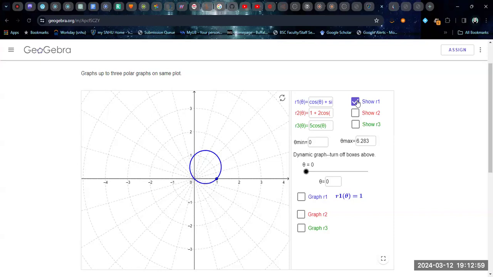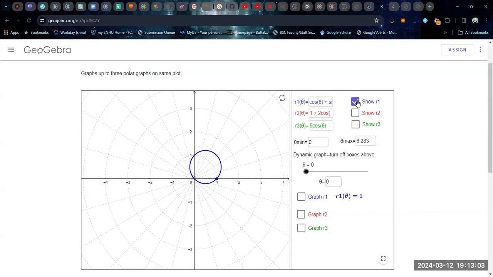Now, the limacon and the cardioid are actually closely related to each other, so I want to explore that next. And so this is an example of a limacon with the inner loop. The relationship between the limacon and the cardioid is that when these two coefficients are different from each other, you're going to get a limacon, and when they're the same as each other, then you're going to get a cardioid.